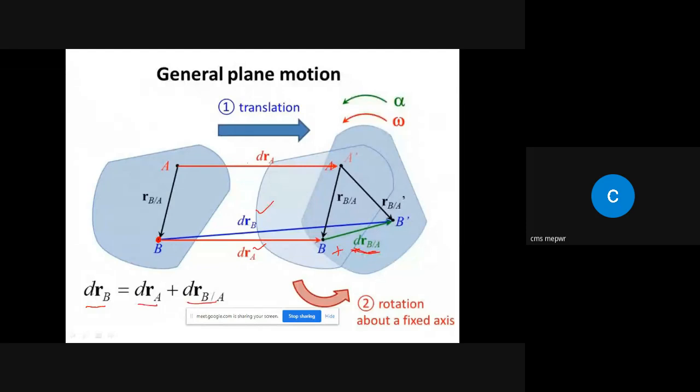Now what happened, this plane has translated as well as rotated. So we had a general plane motion, and by analyzing it, we get this equation.